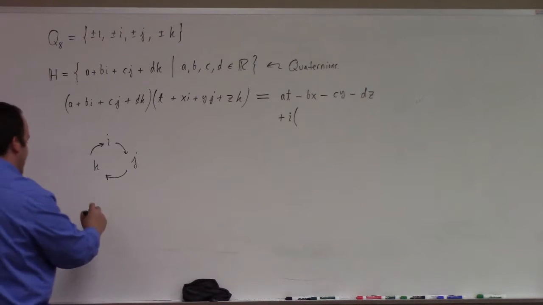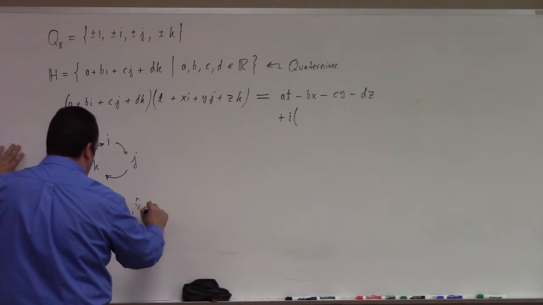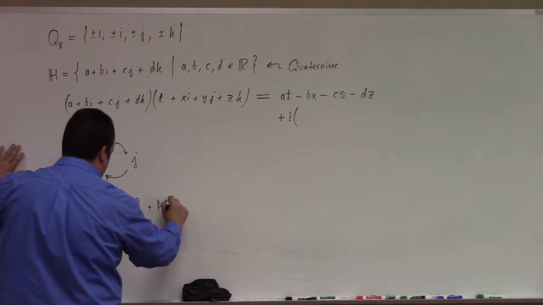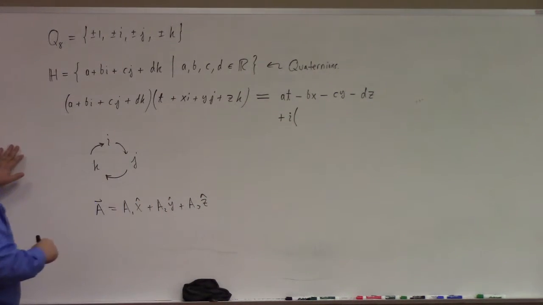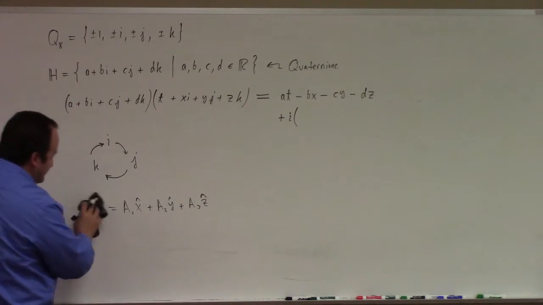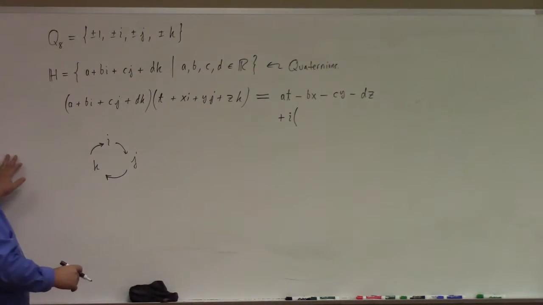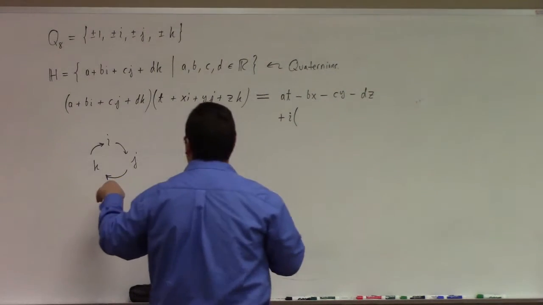We ought to be writing vectors like this. This is a much better notation for vectors than ijk. But anyway, for historical reasons we use ijk. I don't when I teach Calc 3, but whatever.